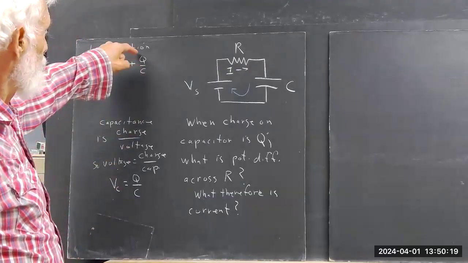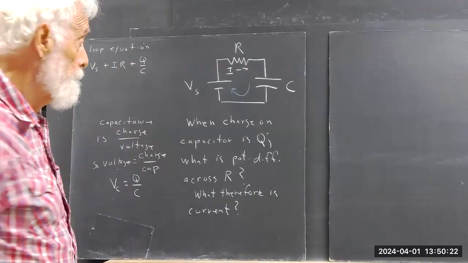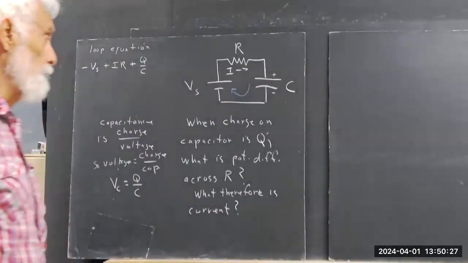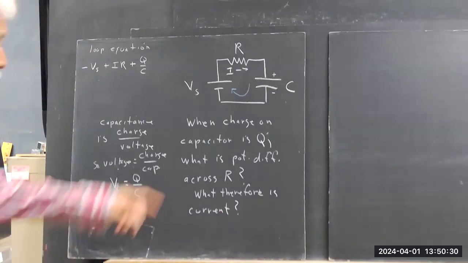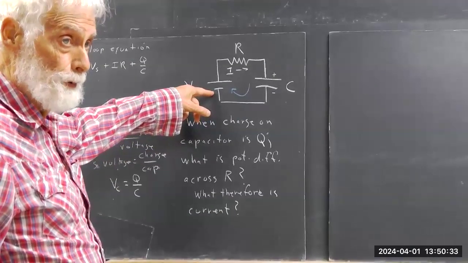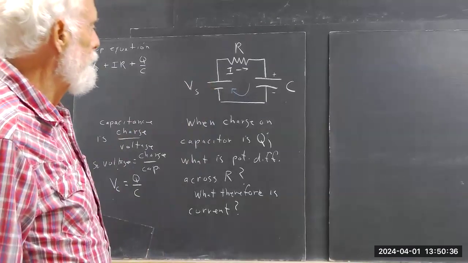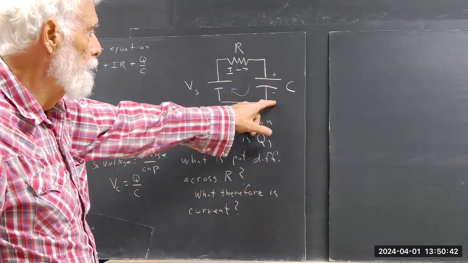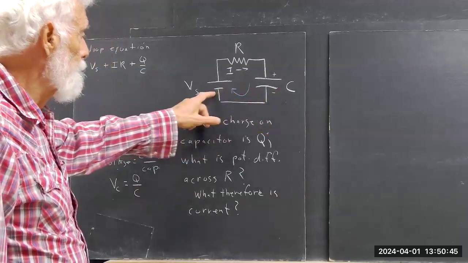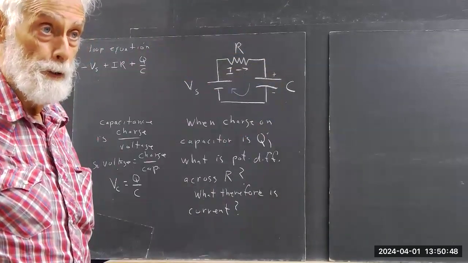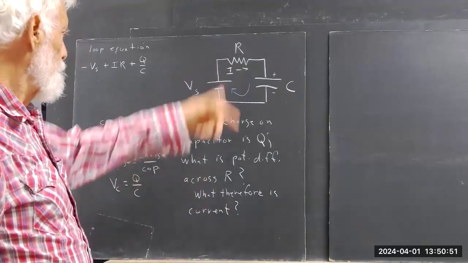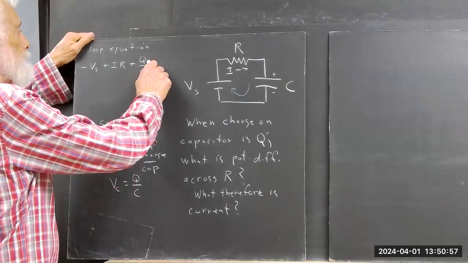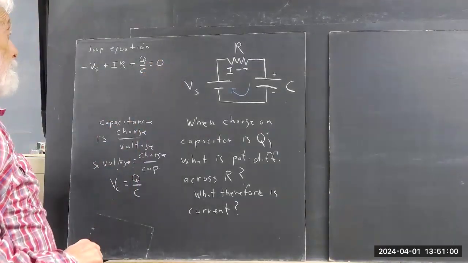So I'm going to say the voltage drop is Q over C. Then this is plus, this is the negative side of the capacitor, which is counter to what the source would actually do. The source would tend to push positive charge on here, although if you have more voltage across the capacitor than the source, the capacitor is going to push current back around this way, right? So the way I've got it, the source and the capacitor are opposed, but that's all right. I'll just specify that. So that's 0.